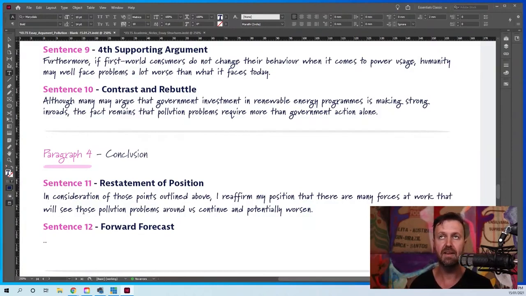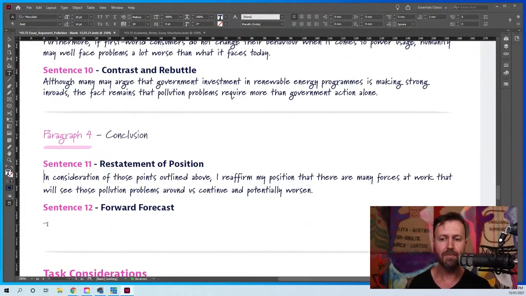Forces at work is either people deliberately doing the wrong thing or just factors that are directly involved in this situation. So in consideration of those points outlined above, I reaffirm my position that there are many forces at work that will see these pollution problems around us continue and potentially worsen, potentially get worse. Cool. It's not cool, obviously, but cool being we're almost finished.